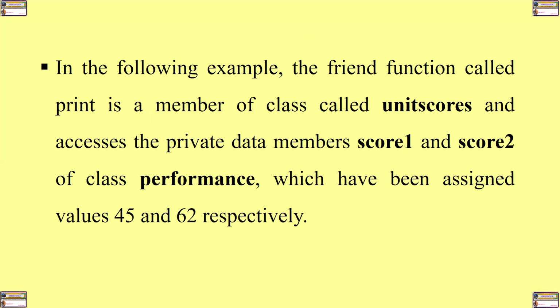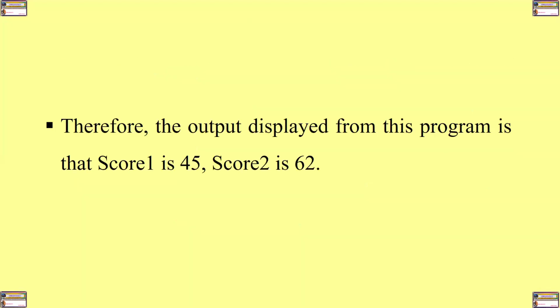So in the following example, the friend function called print is a member of a class called unit scores and accesses the private data members score 1 and score 2 of class performance, which have been assigned values 45 and 62 respectively.